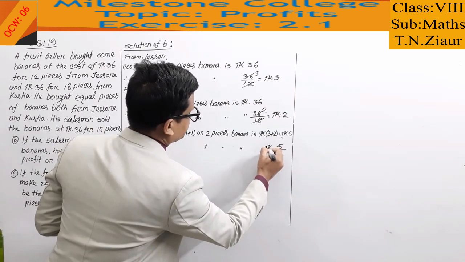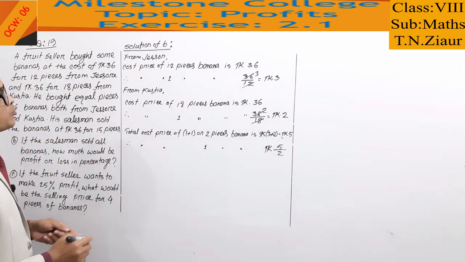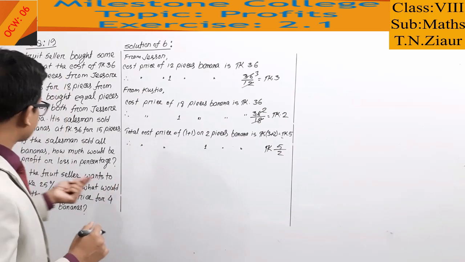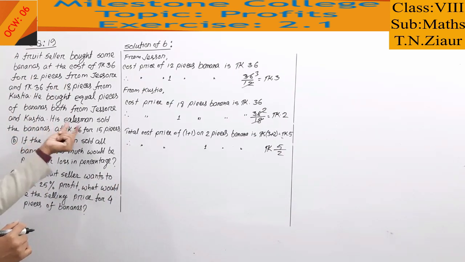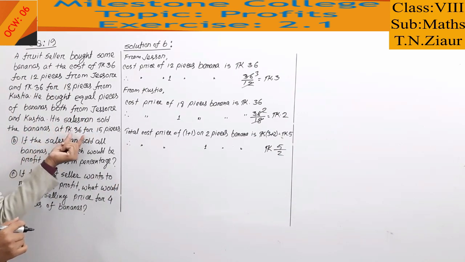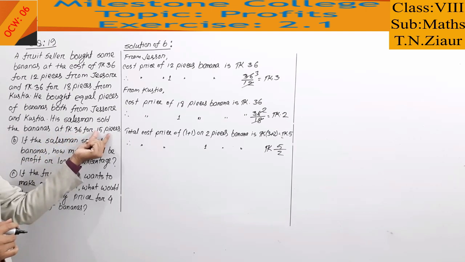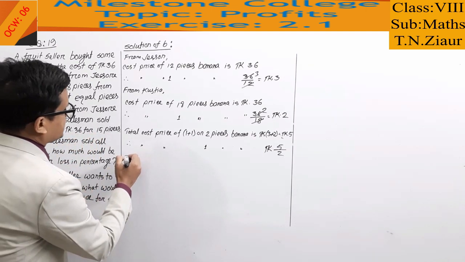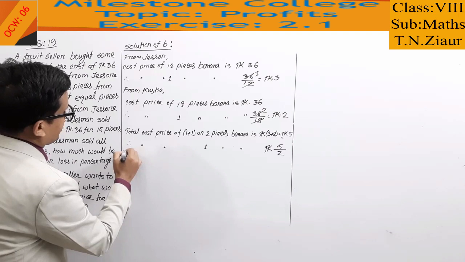Now we have to find the selling price. What is the selling price given here? The salesman sold the bananas at taka 36 for 15 pieces. So write the selling price again.